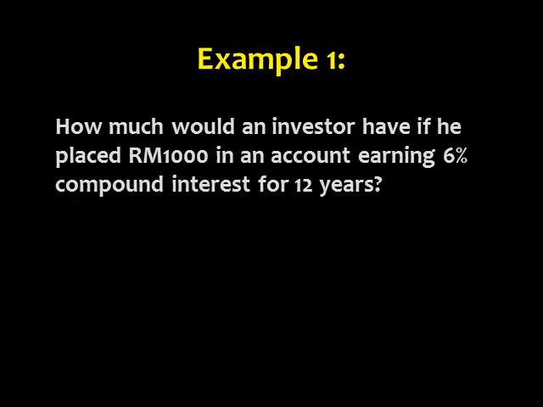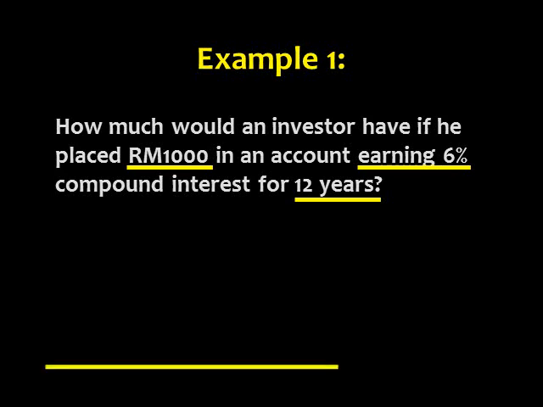Let's look at example 1. How much would an investor have if he placed RM1,000 in an account earning 6% compound interest for 12 years? This is the same situation as what we have done before. However, here the amount of money is 1,000, which is the capital, earning 6% for 12 years. So we convert it into a timeline to make it more clear.